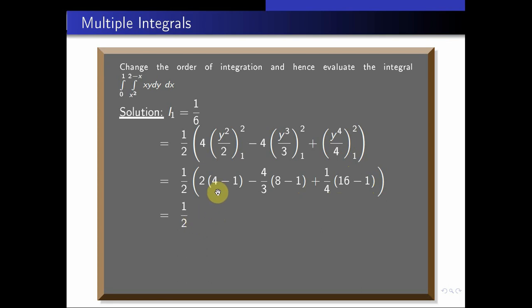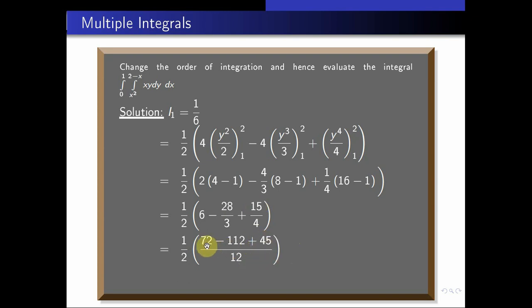So further simplification, so 2 3s are 6, here 4 into 7, so minus 28 by 3 plus 15 by 4, this is equal to 1 by 2 into, I am taking 12 as LCM, then I have to multiply this by 12, so it is 72 minus, I am multiplying this by 4, since I am taking 12 as LCM, it is 112 plus, here I have to multiply this by 3, so it is plus 45 by 12.